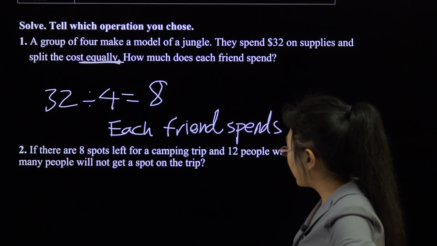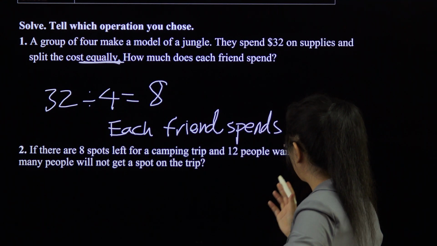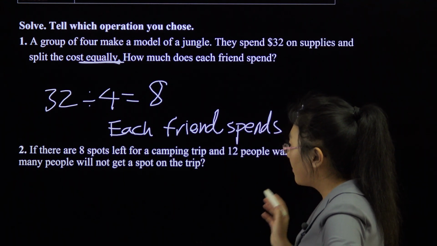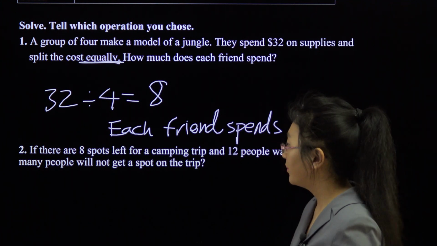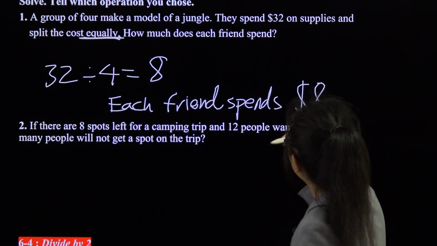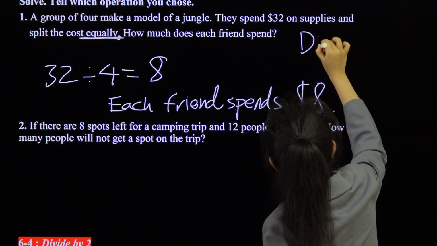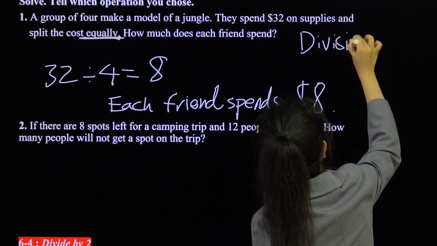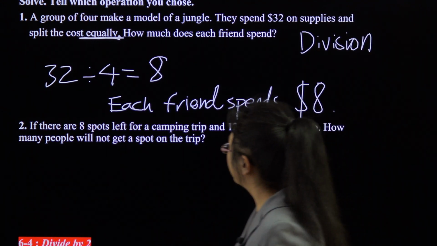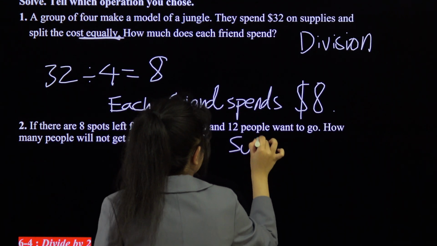If there are 8 spots left for a camping trip and 12 people want to go, how many people will not get a spot on the trip? Oh yes, we should mention the operation we used, division. For this one, it'd be subtraction.